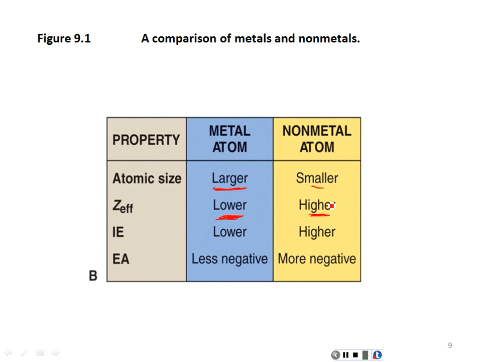Ionization energy is lower for metals. Electron affinity is less negative for metals. What does that mean? That means they lose electrons easier. For nonmetals, the ionization energy is higher. Electron affinity is more negative, so they tend to gain electrons. They want to gain electrons. Metals want to lose. Non-metals want to gain electrons.